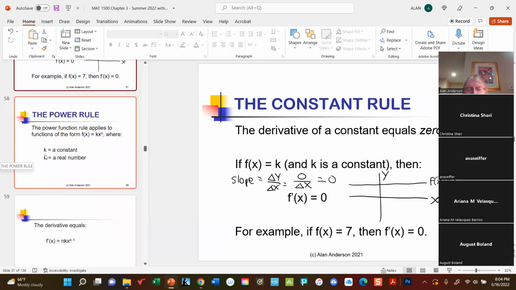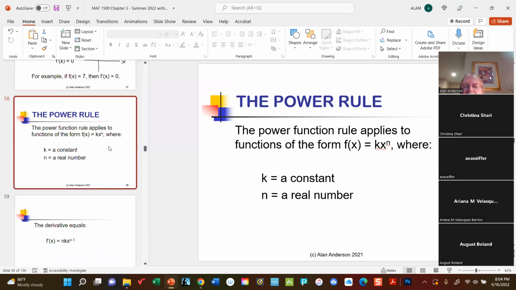The power rule is a little bit more challenging, but once you get used to it, you'll see it's not that complicated. So because it's a little bit more complicated, let's save that one for after the break, and we'll pick it up from there, and we'll dive into these more complicated rules, and we'll do several examples just to make sure we really understand them, okay?